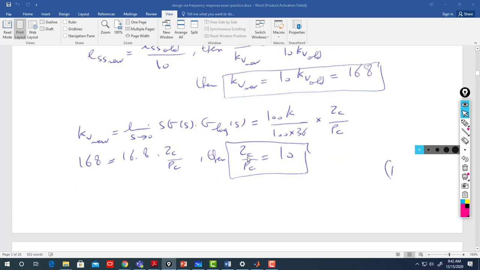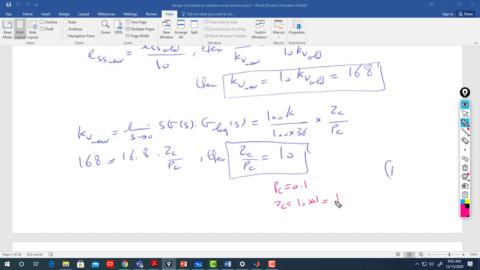So now you assume PC, usually you assume PC close to 0. Like if I assume PC equal 0.1, then ZC equal 10 times 0.1, which is 1.